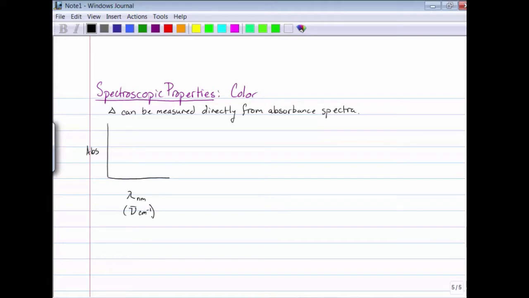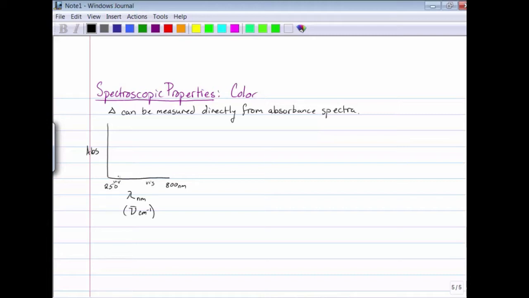All of our instruments have wavelength in nanometers, and the range where we usually look is somewhere between 250 and 800 nanometers. We can really only see to about 400 nanometers. So everything down here is UV, the UV region, and then the visible region is up closer to the higher ends.